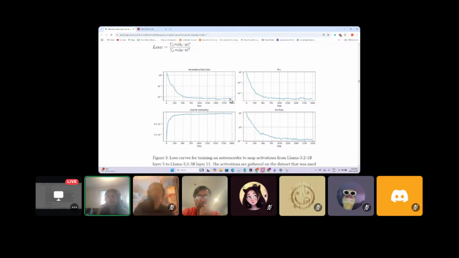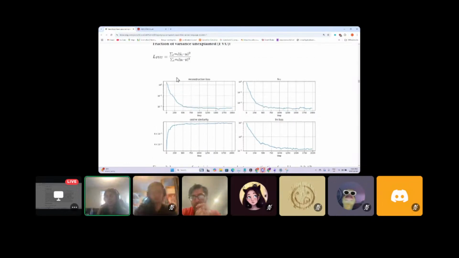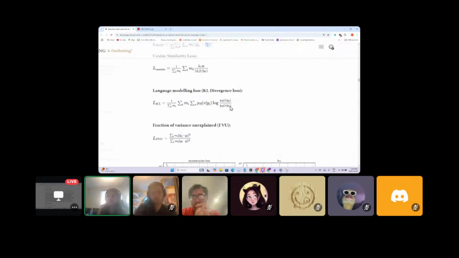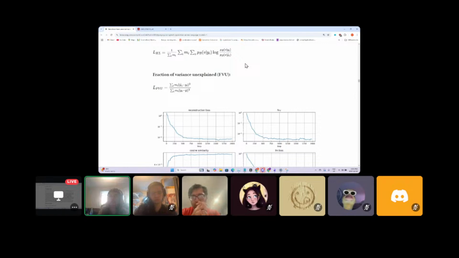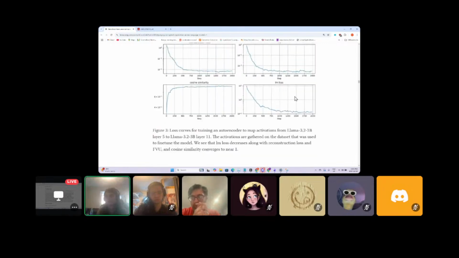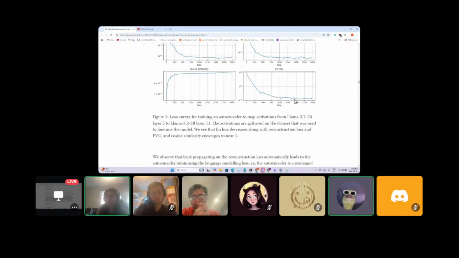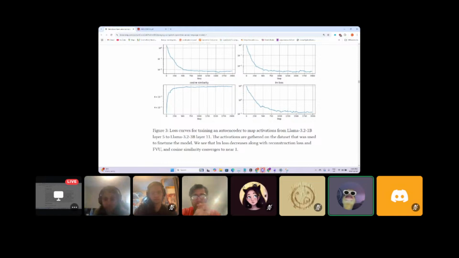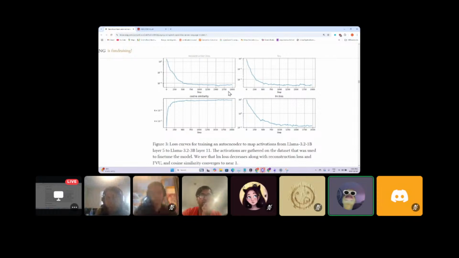So what we see is we backpropagate on this, but it's super correlated with having a low fraction of variance unexplained, a high cosine similarity, and a low language modeling loss: the KL divergence between when we patch in the autoencoder predictions and the real predictions. So that's pretty good.